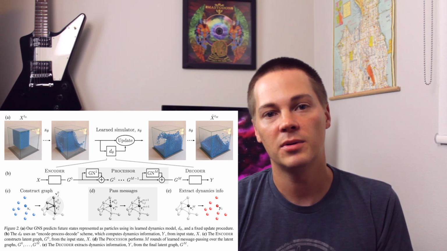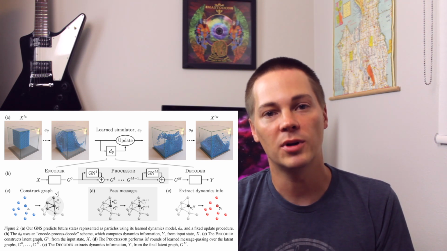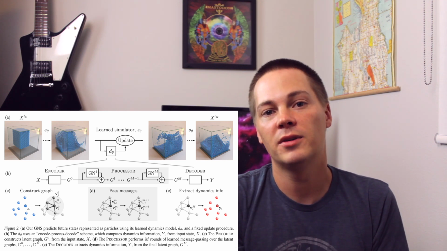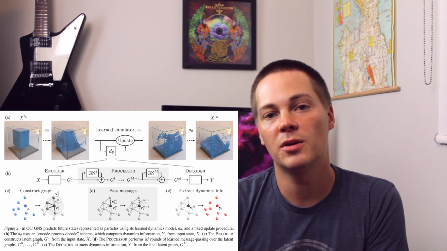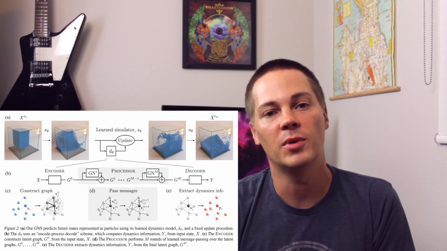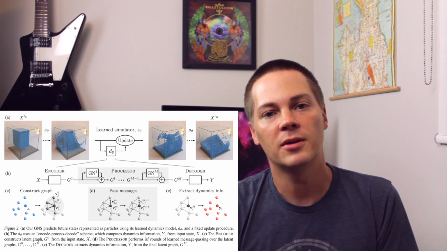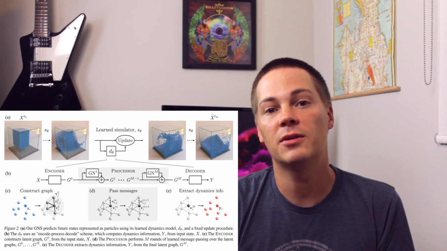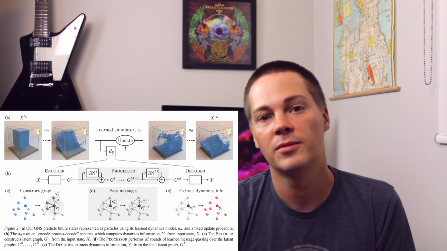The second step, which is the processor, is what does the message passing. The number of graph network layers you have determines how far each message can propagate. So 3 layers means you can go 3 hops away from a node. And the authors note that this will likely need to scale with the complexity of the interaction that's being modeled.